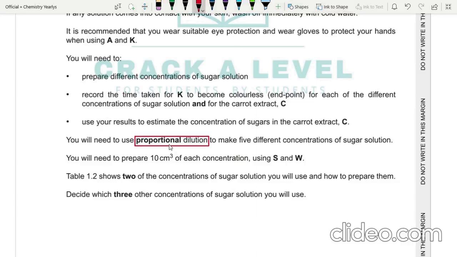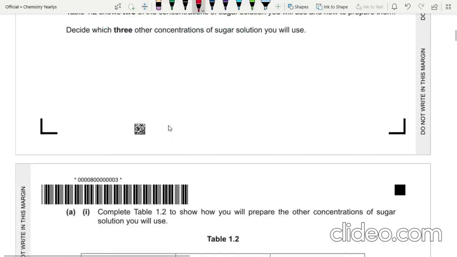To make 5 different concentrations of the sugar solution, you will need to prepare 10 cm cube of each concentration. So we are going to be preparing 10 cm cube using S and W. Table 1.2 shows 2 of the concentrations of the sugar solution you will be using and how to prepare them. Decide which 3 other concentrations of the sugar solution you will use. So they have given us 2 of the solutions from the 5.